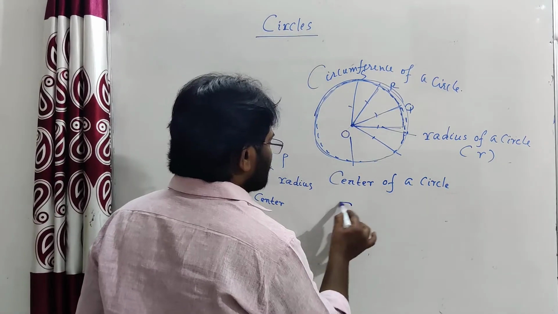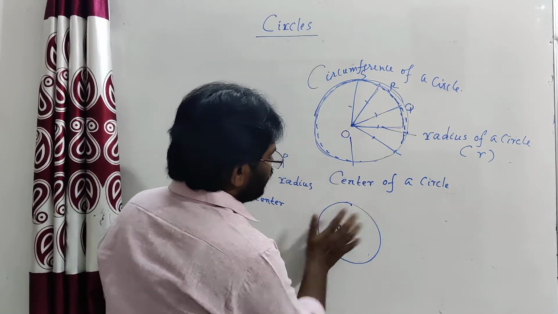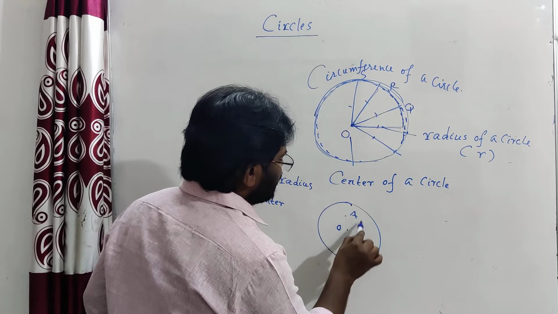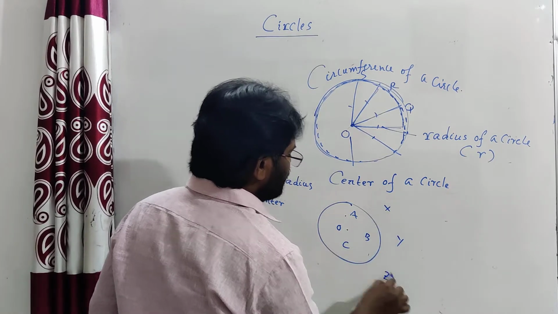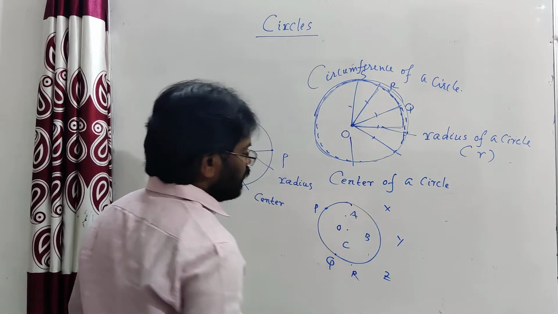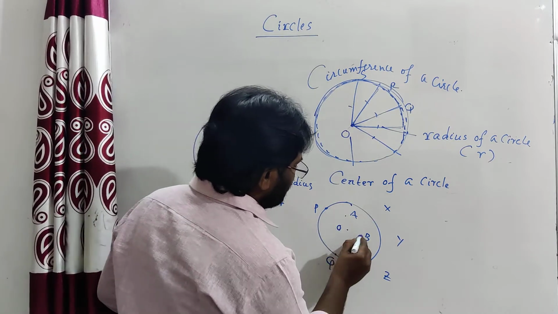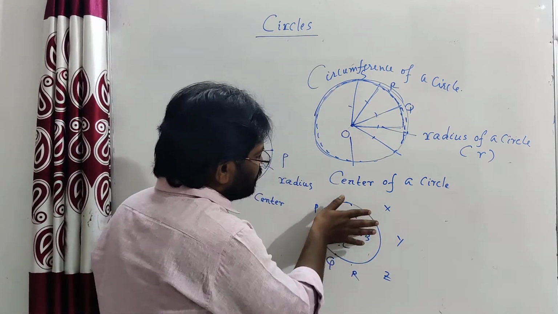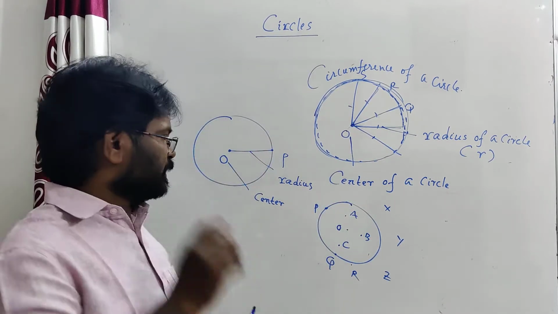See, this is a circle. So the set of points, see, some points I am writing: A, B, C, X, Y, Z, P, Q, R. Observe the points. A, B and C are the points which are inside the circle. They are known as interior points.